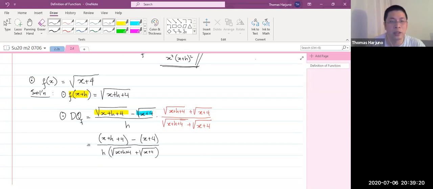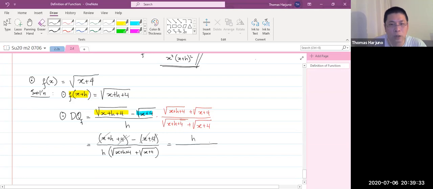As you can see, x cancels, 4 also cancels, such that we have only h on the top that will cancel with that h at the bottom.